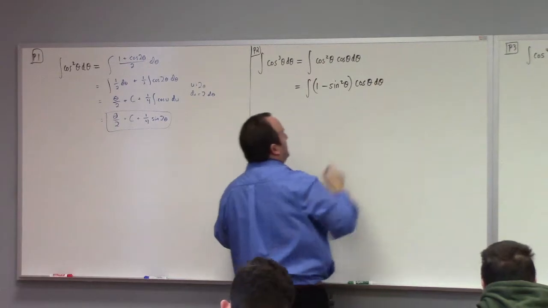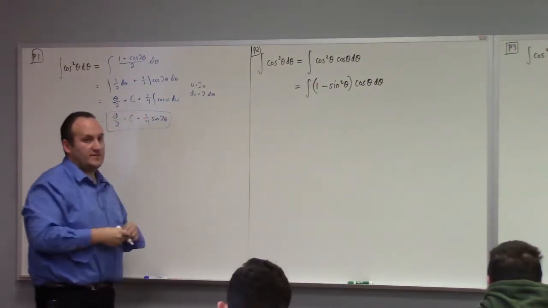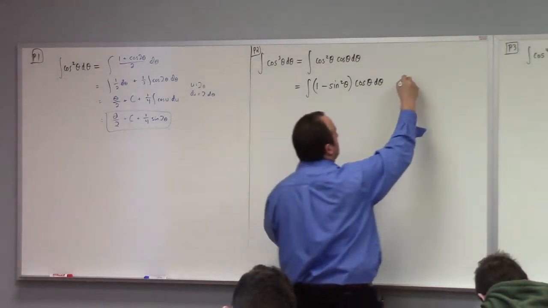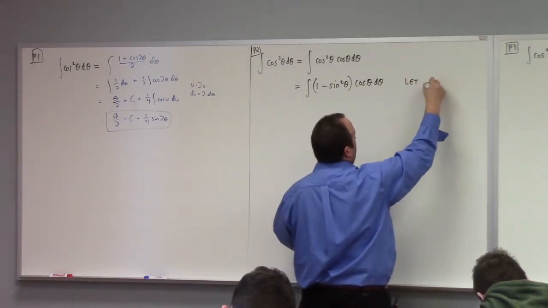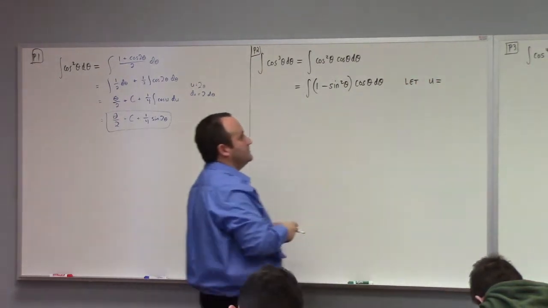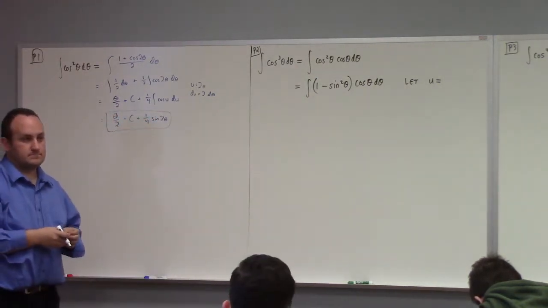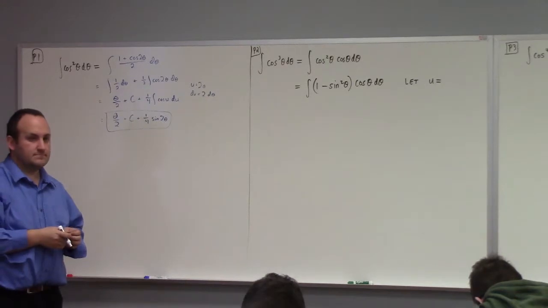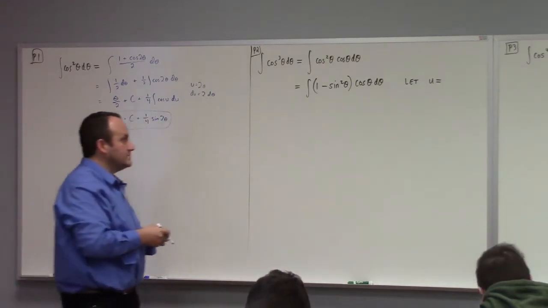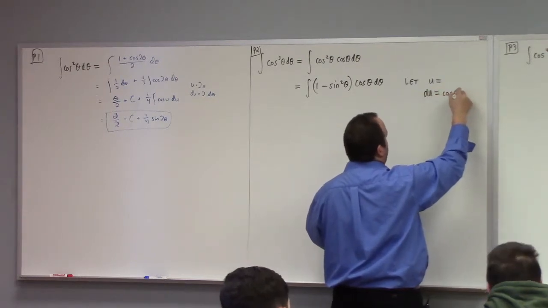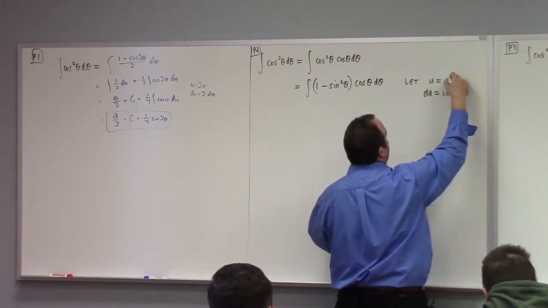See, now I can make a u substitution. U equals what? I want my du to be cosine theta d theta. So how about let's let u equal sine theta, yeah?